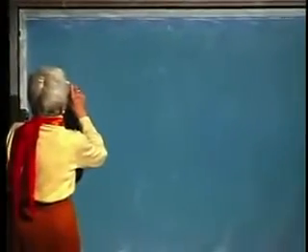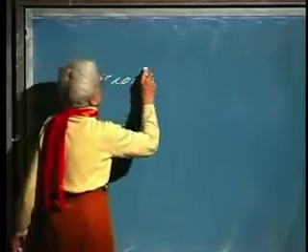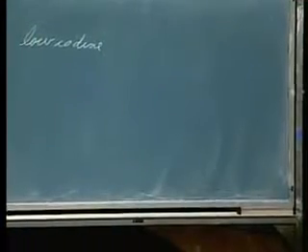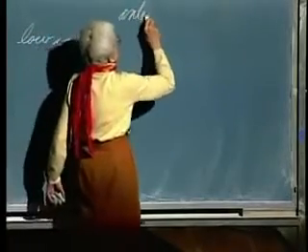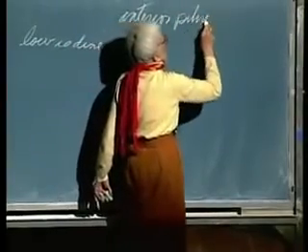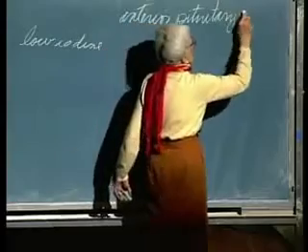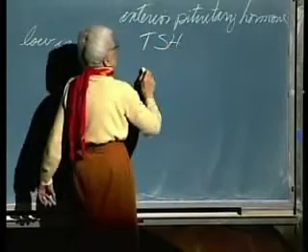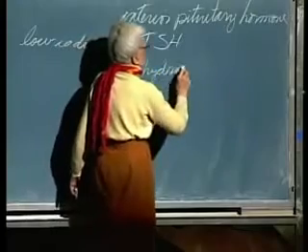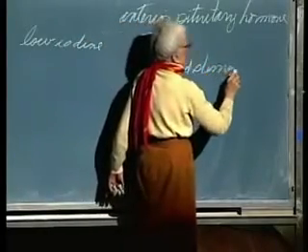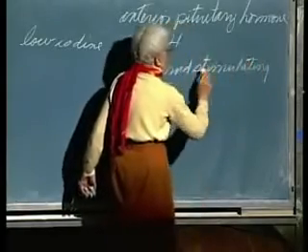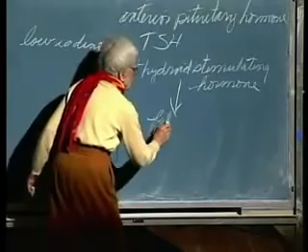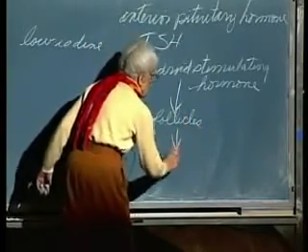If you have low iodine, the hormone that is coming from the anterior pituitary, which is called TSH, thyroid stimulating hormone, acts on the follicles to produce the thyroid hormone.